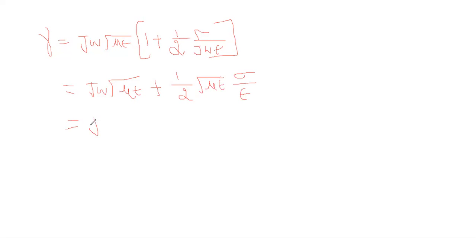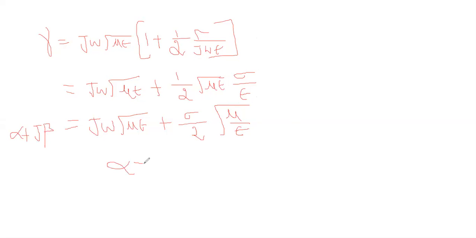Now that is equal to j omega under root of mu epsilon plus sigma by 2. Under root of epsilon is there and the denominator has epsilon, so it is under root of mu by epsilon, because root x by x is 1 by root x. Now this equation is equal to alpha plus j beta, the propagation constant. What is alpha?